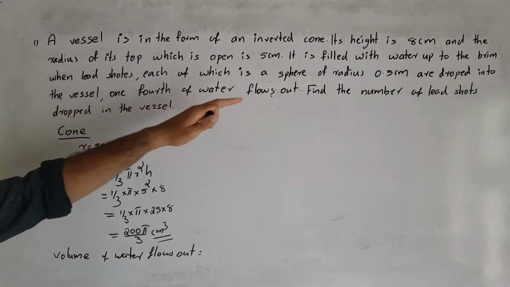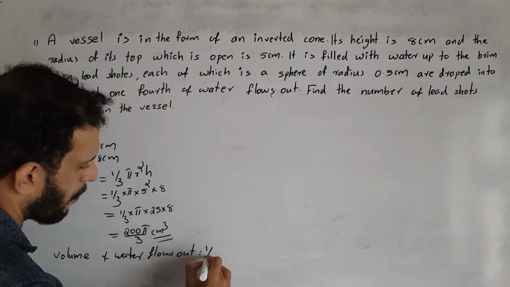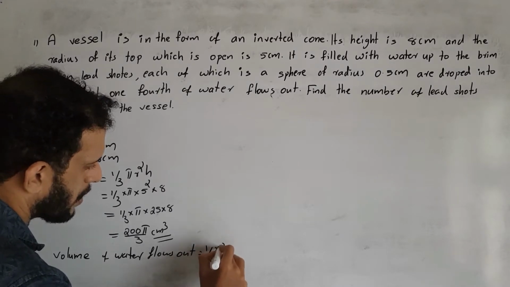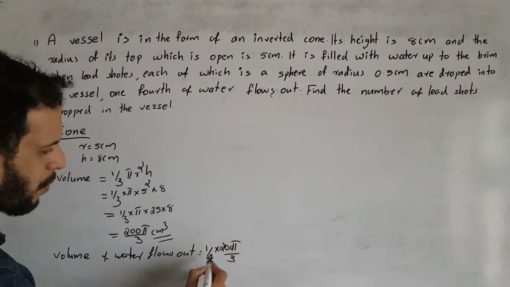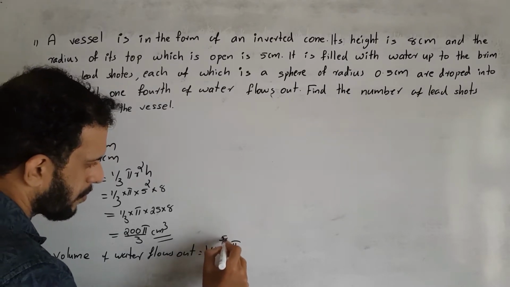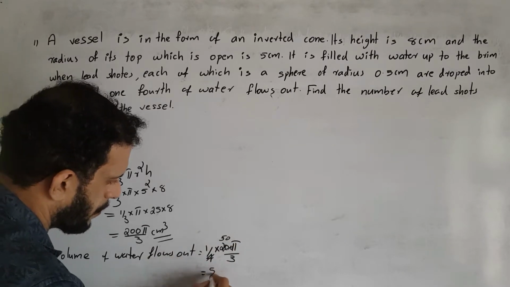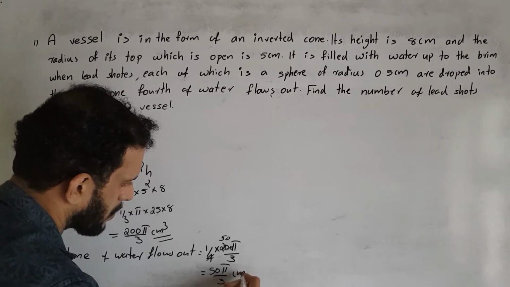1/4 of the water in the vessel flows out if you drop the lead shot. That means it is equal to 1/4 into 200 pi by 3. It is possible to reduce 4 and 200, which gives 50. Then we get 50 pi by 3 cubic centimeter.